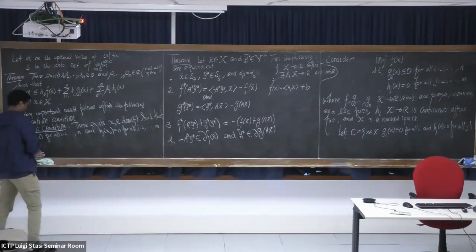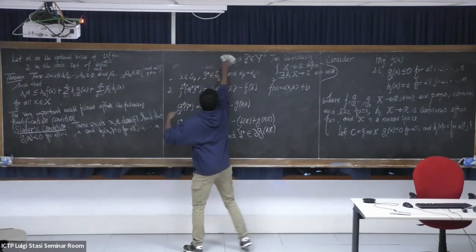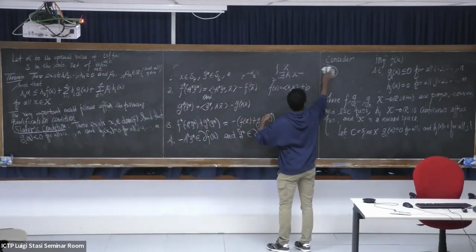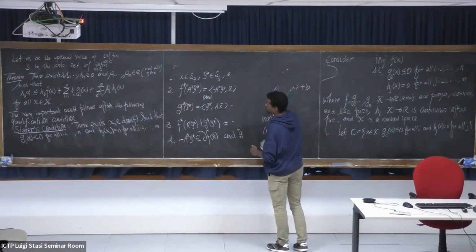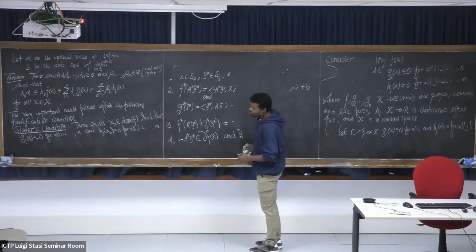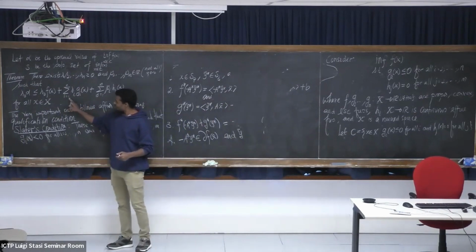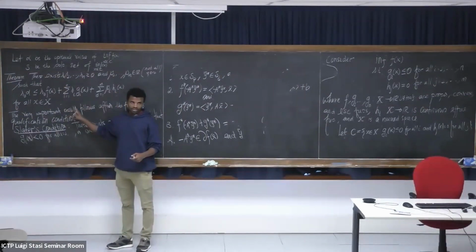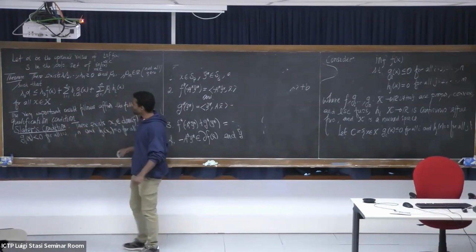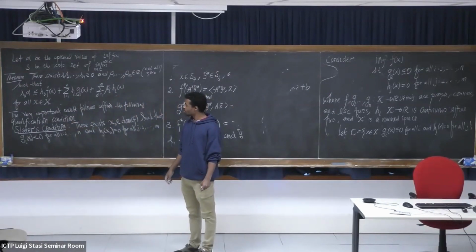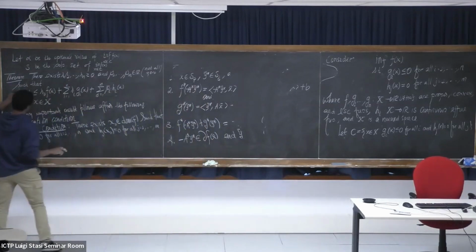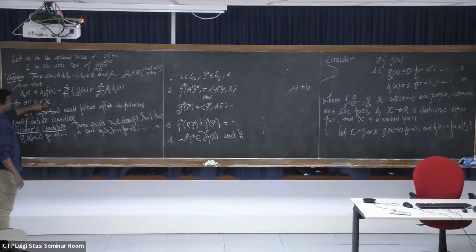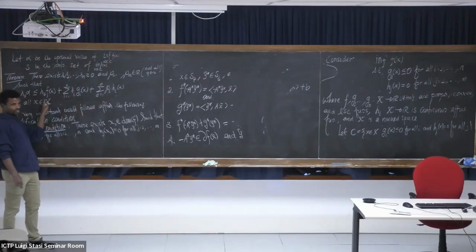For lambda naught equal to 1. The first part of the theorem is that this holds for all x, the whole space X, because the constraint functions are plugged in here with a conjugate function.